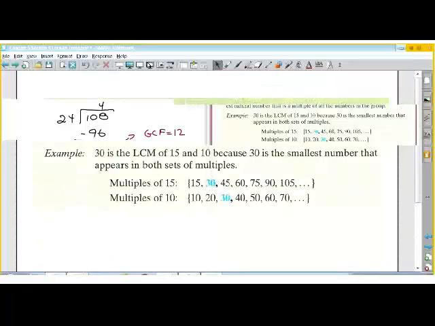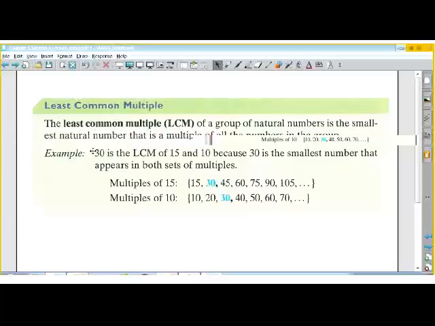Okay, next thing, least common multiple. If you look at multiples of a number, it's the number times 1, times 2, times 3, times 4, times 5, times 6, times 7. And same down here, times 1, times 2, times 3, times 4, times 5, times 6, times 7.